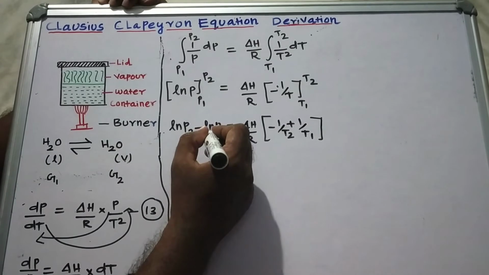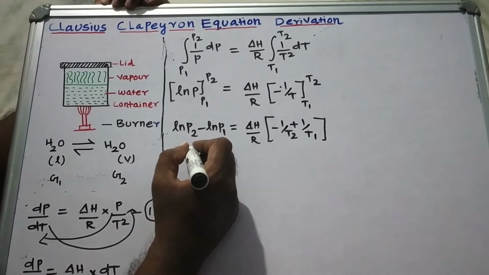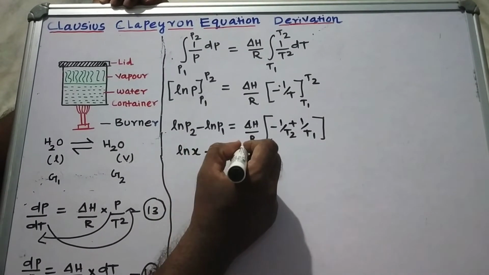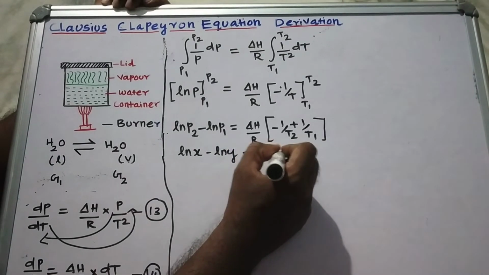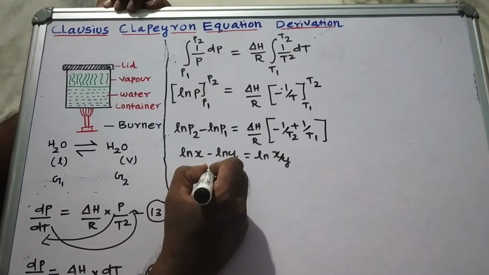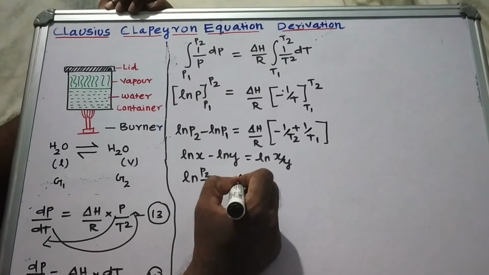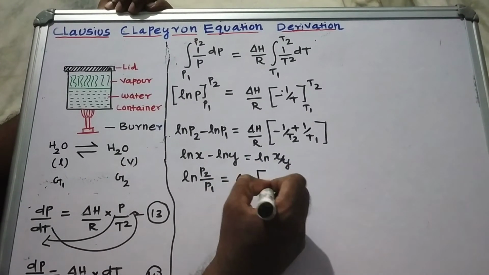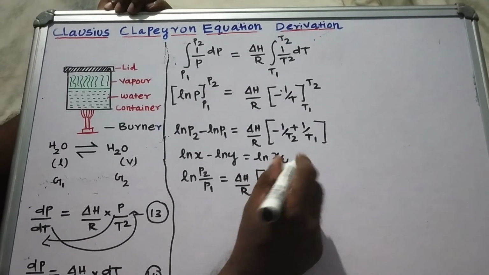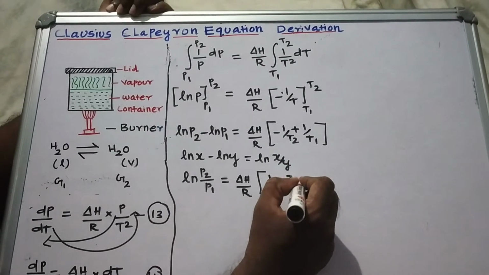Now this is in the form of ln x minus ln y. It is well known that ln x minus ln y is equal to ln x by y. Therefore it becomes ln P2 by P1, that is equal to ΔH by R. The positive value is written first. Therefore 1 by T1 minus 1 by T2.